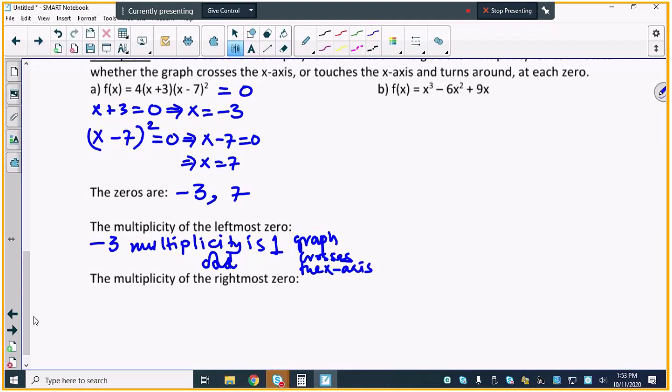The rightmost zero in this problem is 7, but the multiplicity is 2. How come I know that the multiplicity is 2? Well, think about the factor term, x minus 7 whole to the power 2, so you know that it is there twice. And that is even. So as soon as I know that is even, I say that the graph touches the x-axis and bounces back.